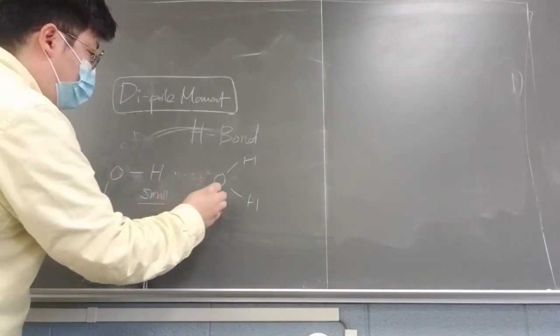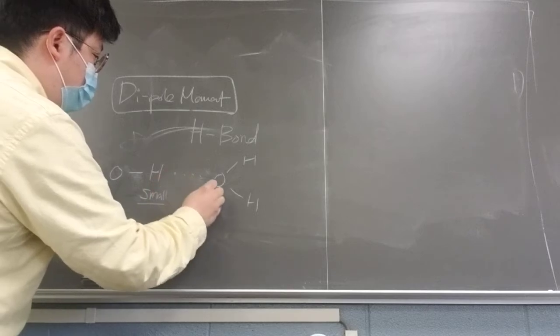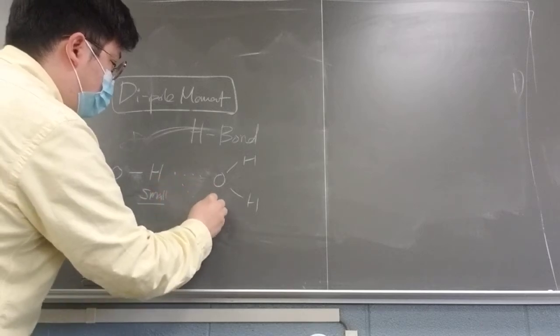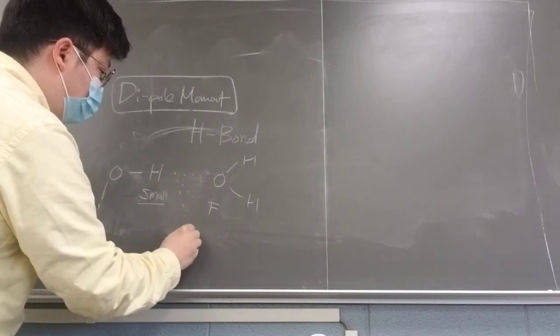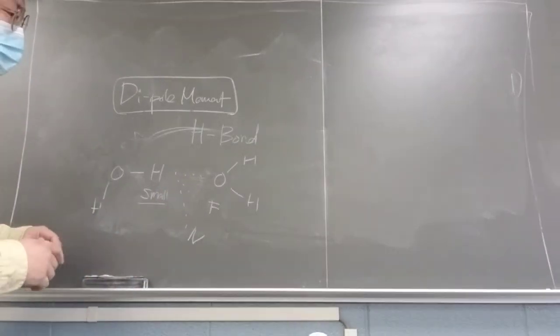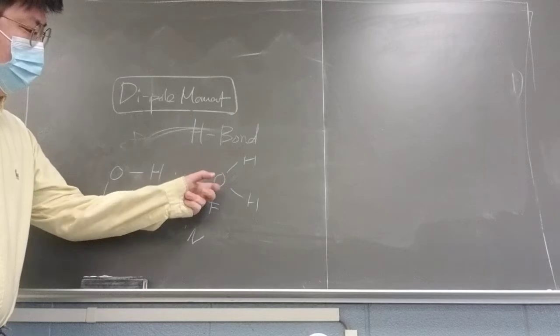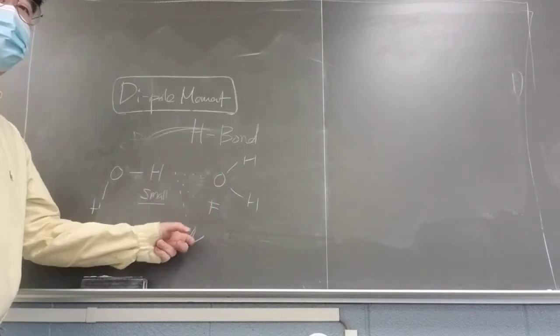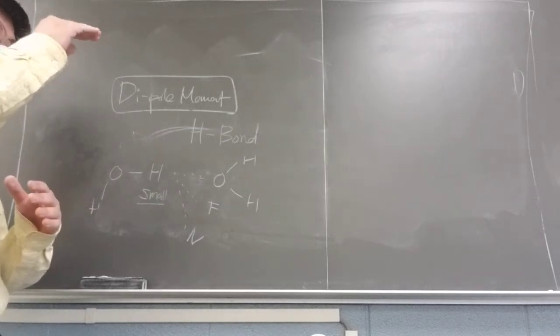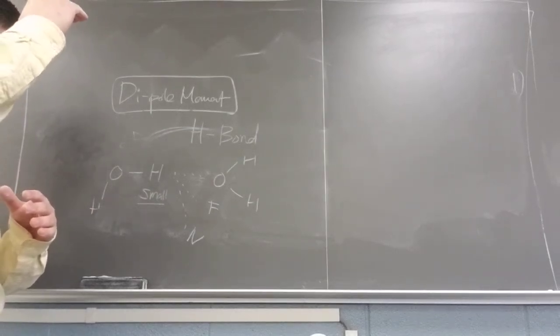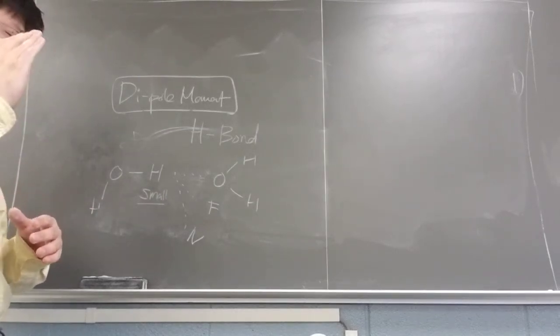But if this hydrogen is interacting with either oxygen or fluorine or nitrogen, if you look at oxygen, fluorine, and nitrogen on the periodic table, you'll find those elements at the very top, second period, and on the right side of your periodic table.